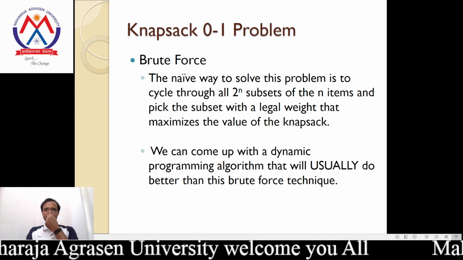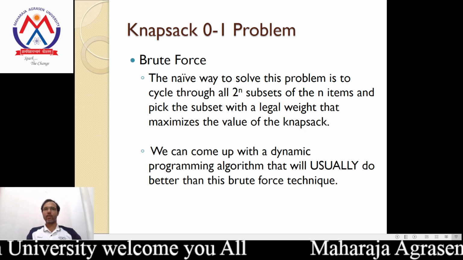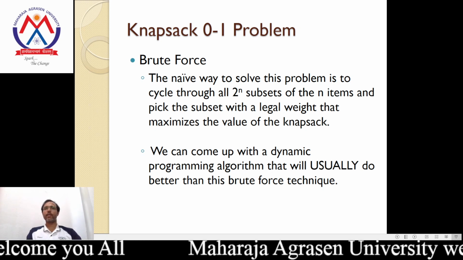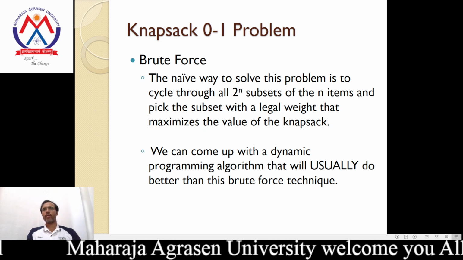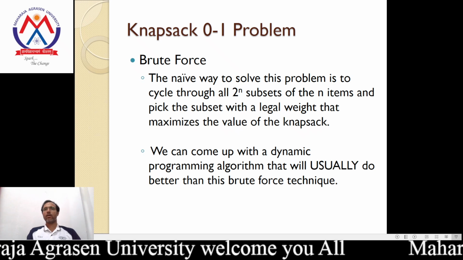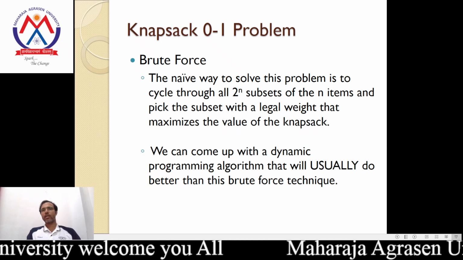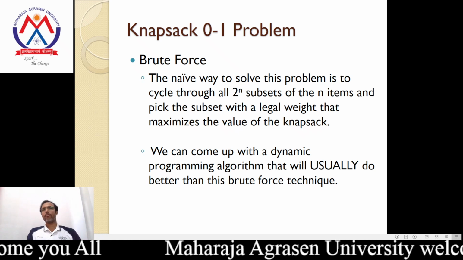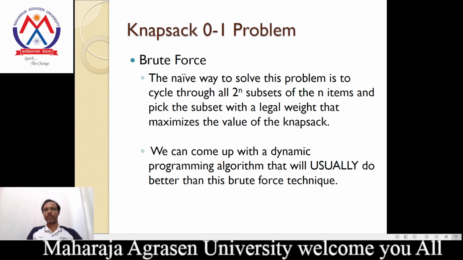In the knapsack problem, the brute force approach, the naive way to solve this problem, is to cycle through all 2 to the power n subsets of the n items and pick the subset with legal weights that maximizes the value of the knapsack. In brute force we have to apply all the possible conditions; if you have n elements, 2 to the power n subsets of items must be considered, and we select the one with the maximum profit.